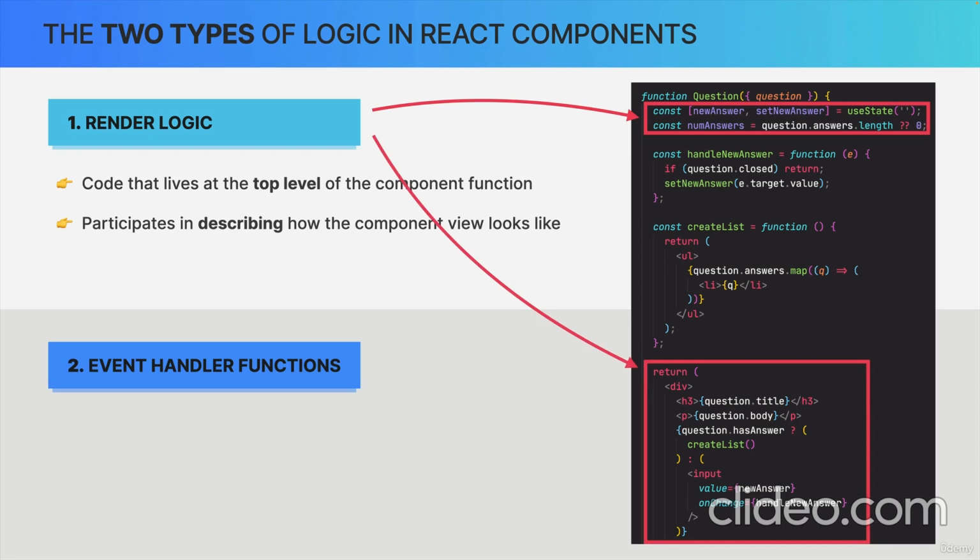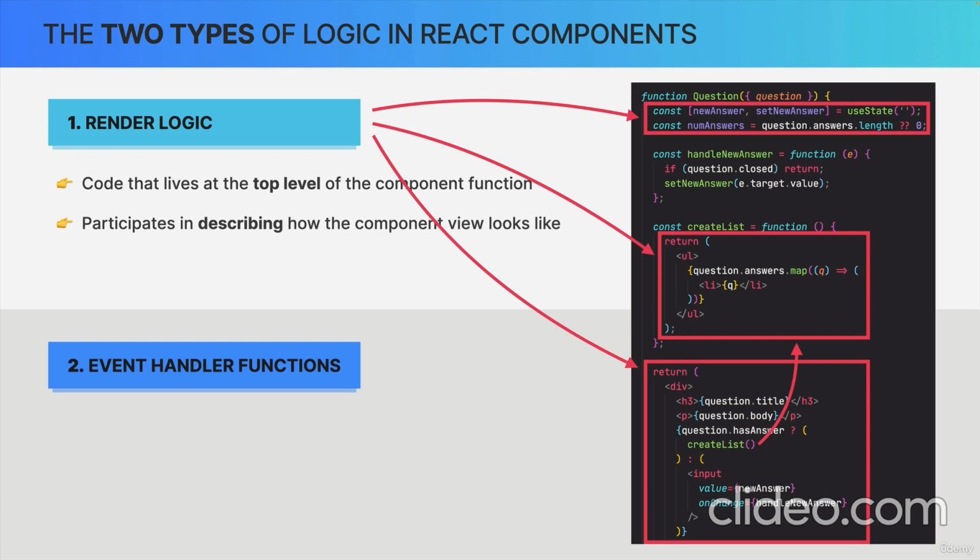So these describe exactly how the component will be displayed on the screen. However, if we look closely, we can identify yet another piece of render logic here, even though this code is actually inside a function. As you can see in the return block, the code there is actually calling this createList function. And therefore, that logic also participates in describing the component view. And so it's also render logic.